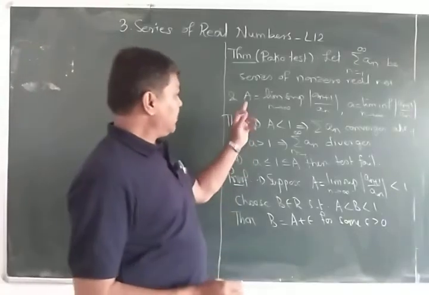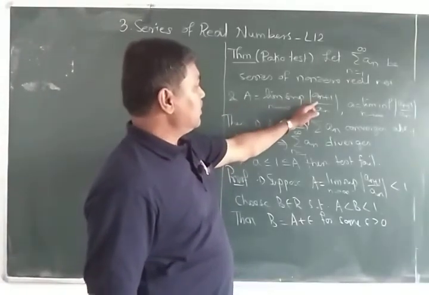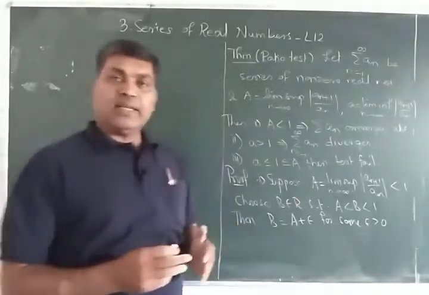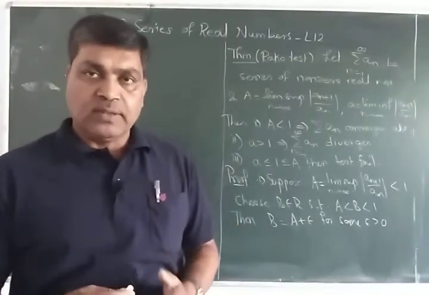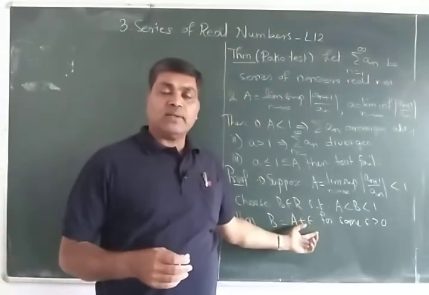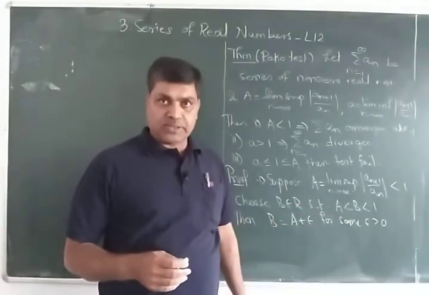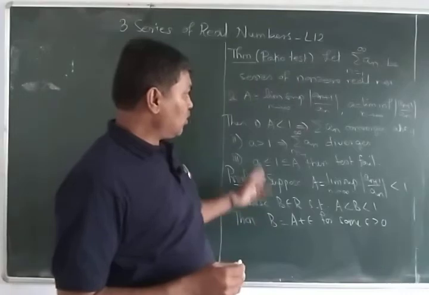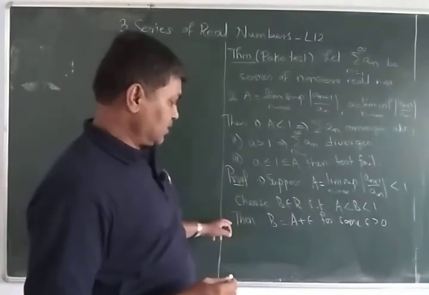Now we know that if capital M is lim sup of S_n, then S_n is less than M plus epsilon for all but finitely many terms.